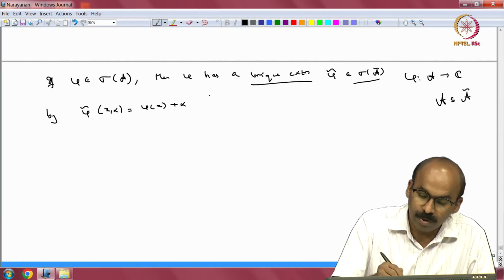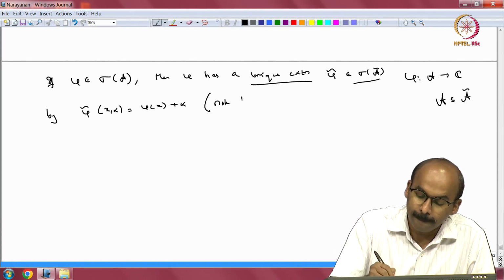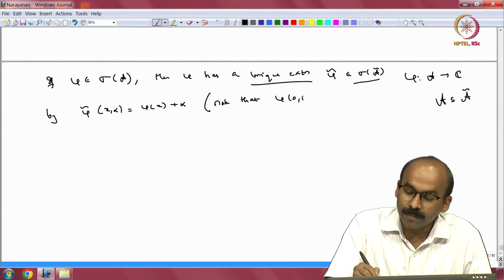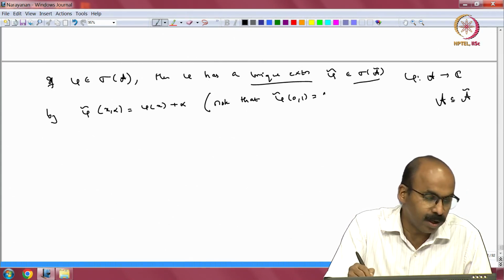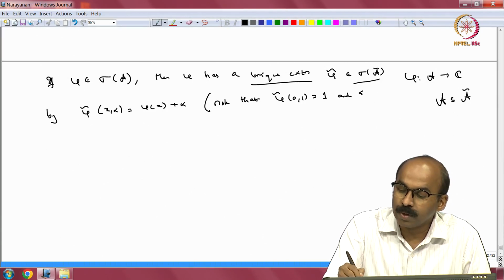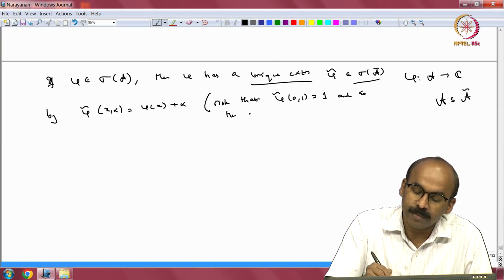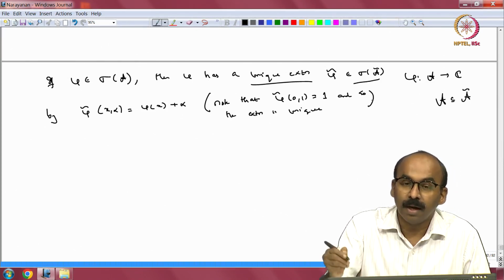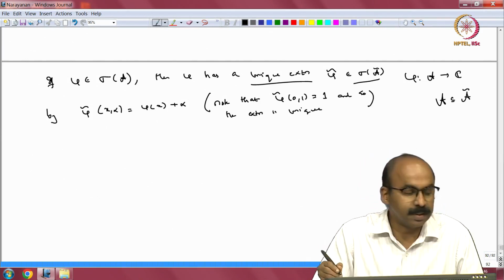Okay. So, note that phi tilde of (0, 1) is 1, and so the extension is unique. You can't have another expression at all for the extension.